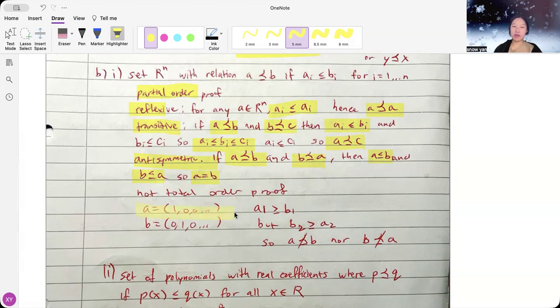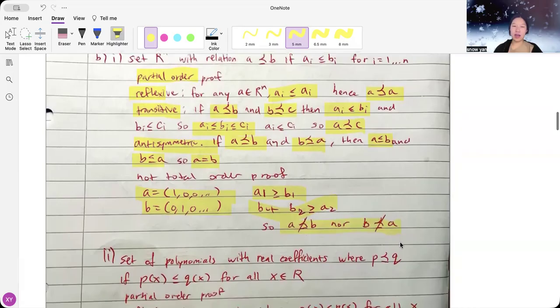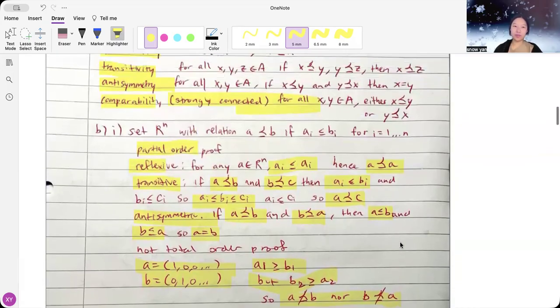Suppose A is 1, 0, 0, and so on, and B is 0, 1, 0, 0, and so on. For our first term, A1 is greater than B1, but in our second case, B2 is greater than A2. So then neither of these situations holds, so it's not a total order.